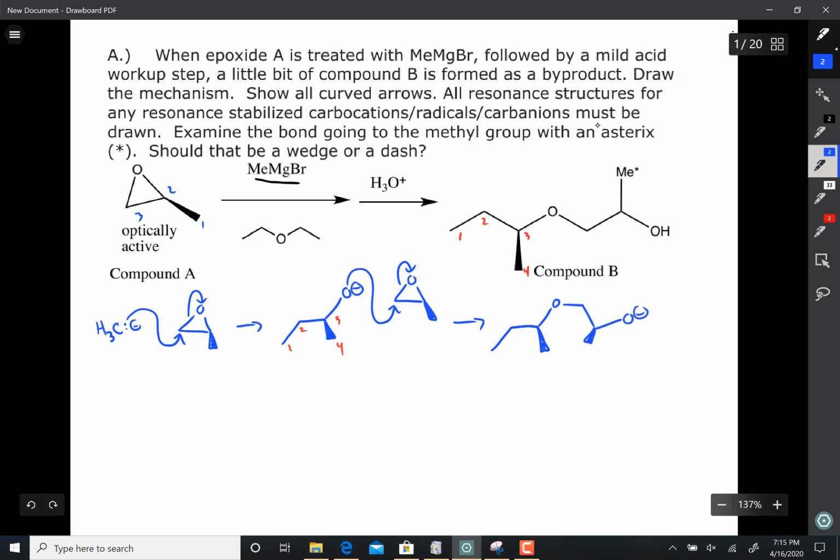Like so. And this is compound B, except we're missing a proton. We just need to protonate it. Like so.